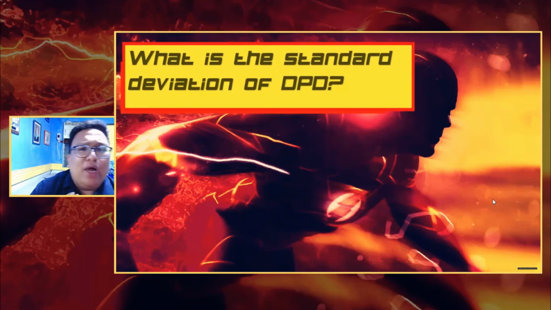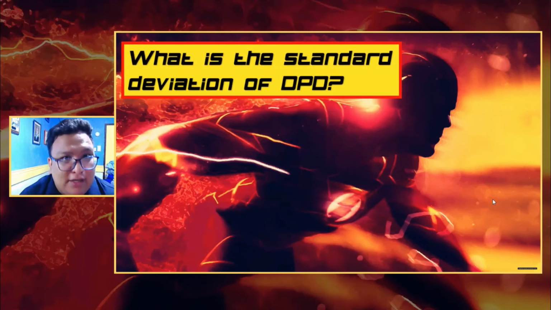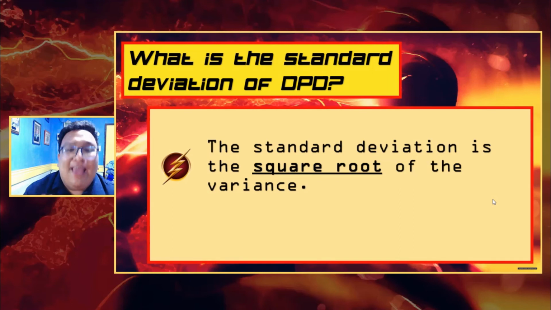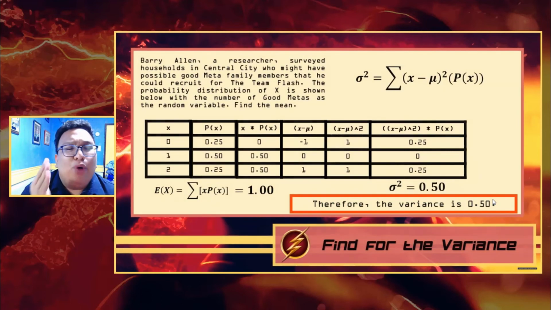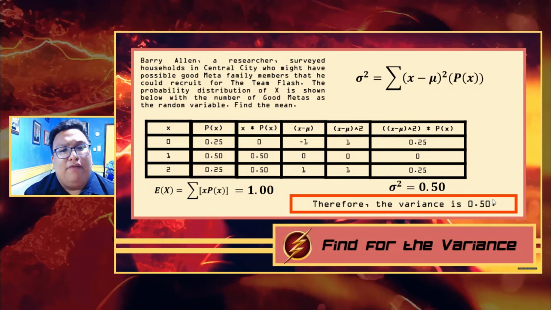Now, what is the standard deviation? Let's define first what a standard deviation is of a discrete probability distribution. It is the square root of the variance. So simple, right? With that definition, how are we going to compute the standard deviation of this particular problem?